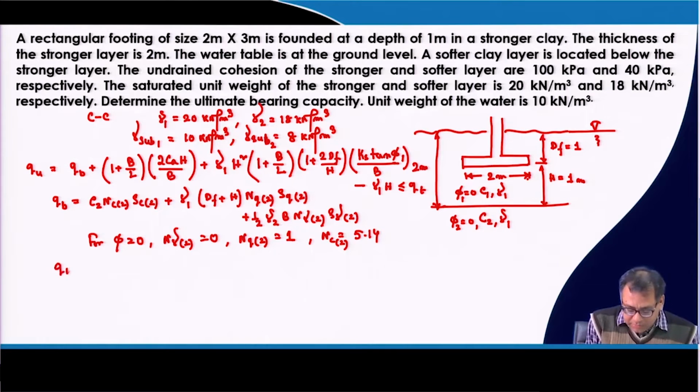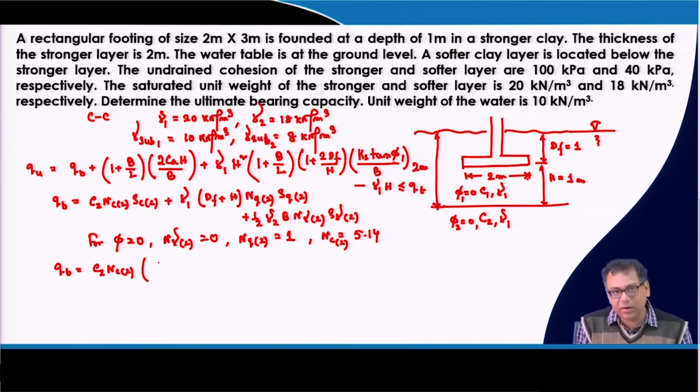So, my qb will be equal to c2 Nc2 and this Sc2, the shape factor, as per Meyerhof. So, these factors Sc2, Nc2, all these things we will consider from Meyerhof's recommendation.